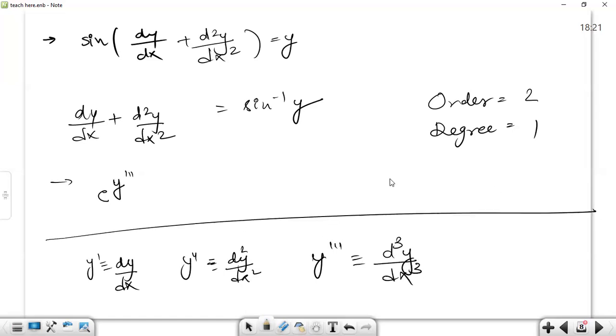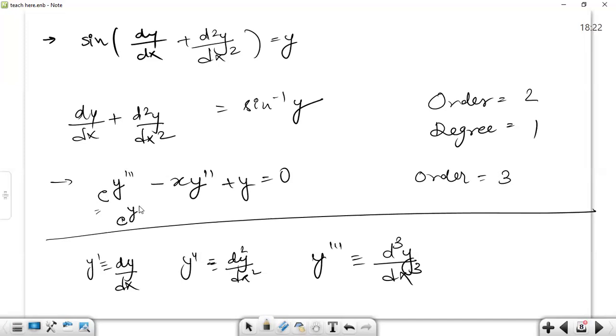So the given differential equation is e^(y''') minus x y'' plus y is equal to 0. Now from the equation itself, we can see there's a radical attached to our derivative. The order is basically 3, but for the degree, let's first try to separate the radical from the derivative.